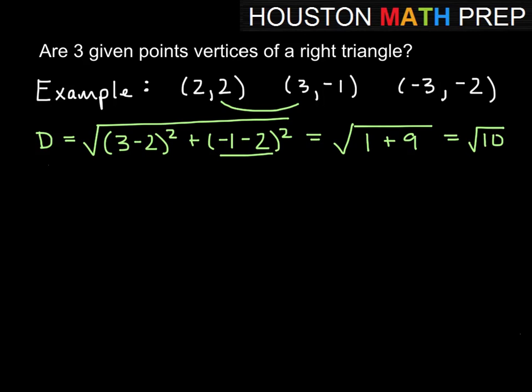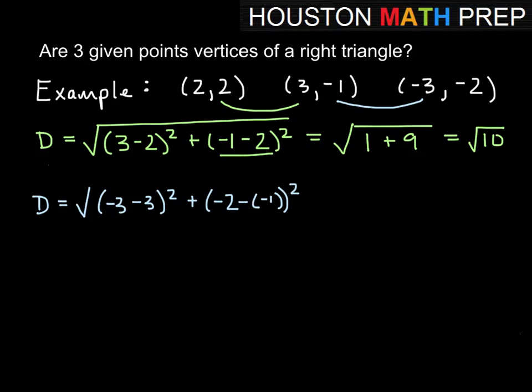And then let's do 3, negative 1 to negative 3, negative 2. So our distance there, we'll get negative 3 minus 3 quantity squared plus negative 2 minus negative 1 quantity squared.